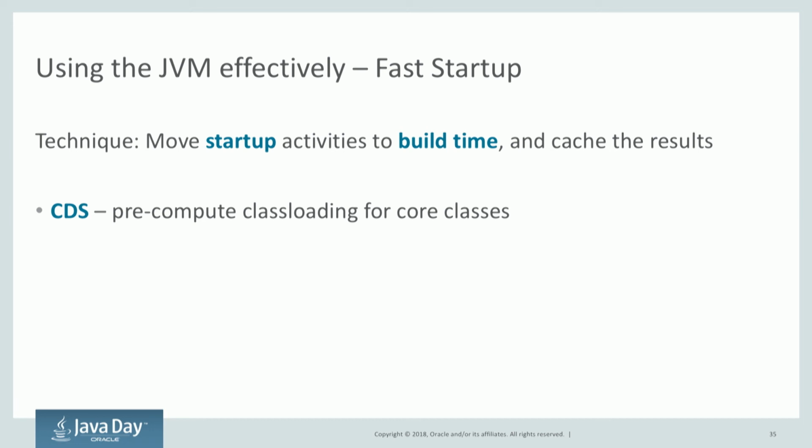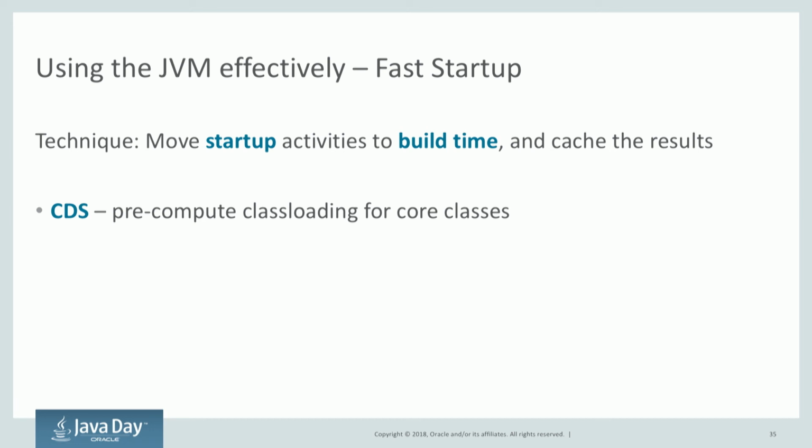It reads all the core Java classes, java.lang.String, java.lang.HashMap, even java.lang.Object. All of those at JVM startup get read into memory as bytecode, the bytecode is parsed, and in-memory data structures are created representing those. So what CDS does is it takes that in-memory representation and just writes it down. Next time you start up the JVM, you can just read that in, instead of having to read, parse, and verify all the bytecodes.